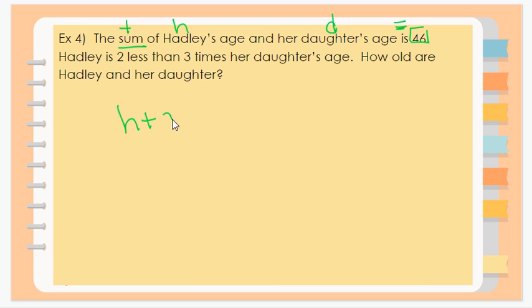So H plus D equals 46. Hadley's age plus daughter's age equals 46.